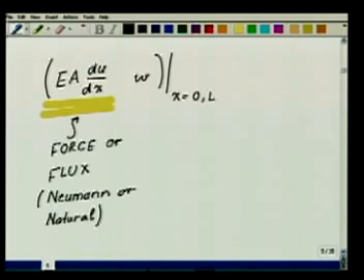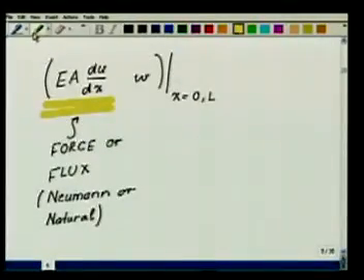So at a boundary, either this force or the flux term is specified, and that is called a Neumann or a natural boundary condition. Why is it called natural? Because this term naturally appears in the weak formulation that we have obtained.